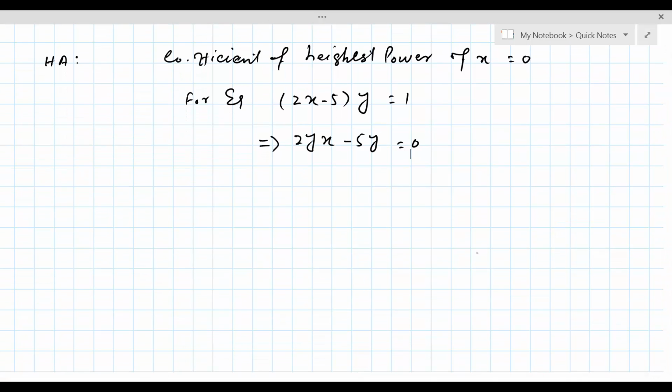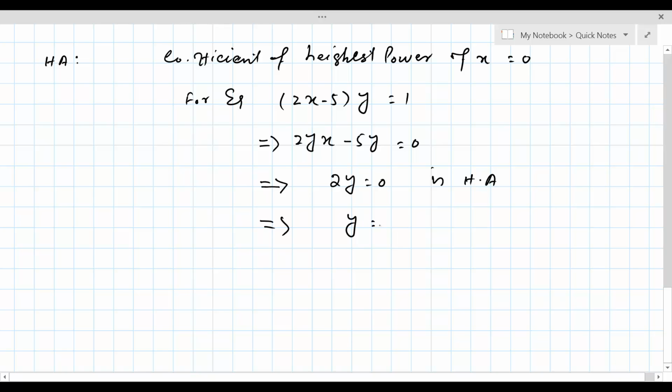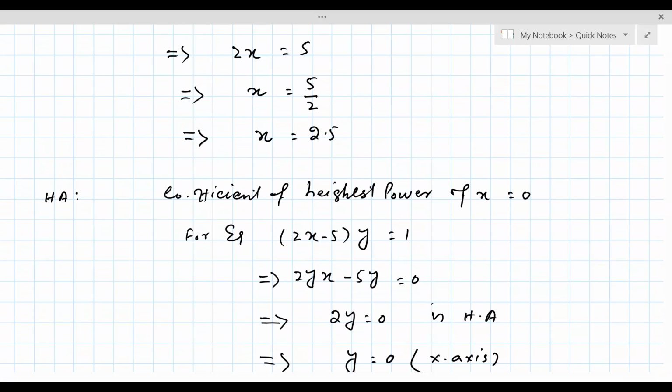Therefore, we are going to substitute 2y equal to 0. This means 2y equal to 0 gives the horizontal asymptote, or more specifically, y is equal to 0. Y is equal to 0 represents the x-axis. So the x-axis is an asymptote here, and here this is an asymptote.